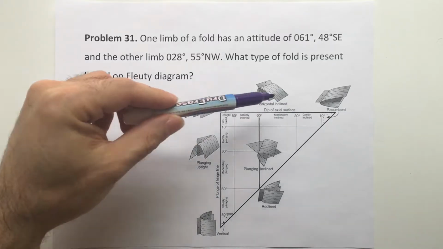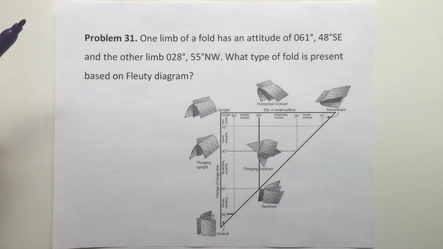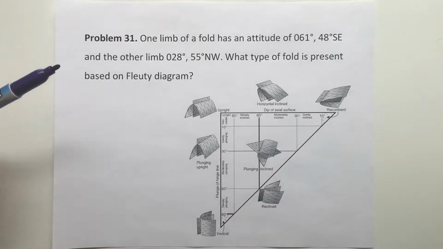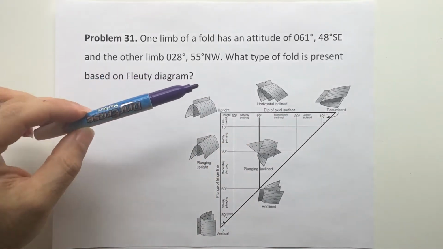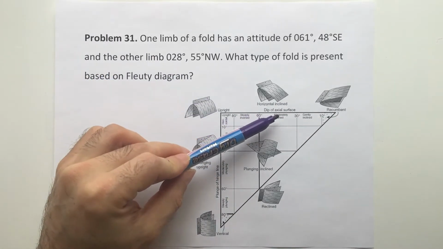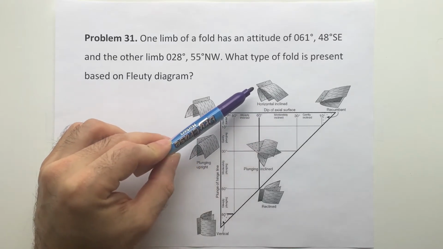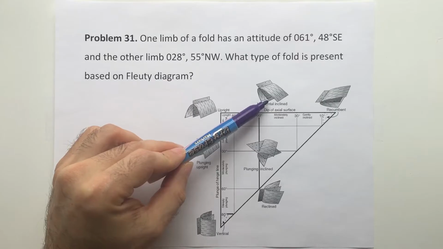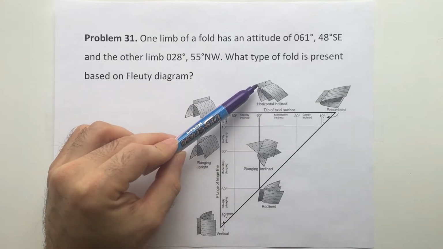Okay, in this diagram you need to find two elements and plot them on this diagram and come up with the shape. So on the x-axis you have the dip of the axial surface. Indeed, you need to find the axial surface of the fold and then read the dip of that plane.